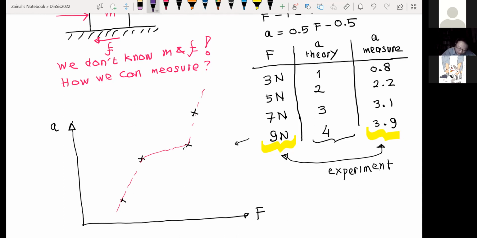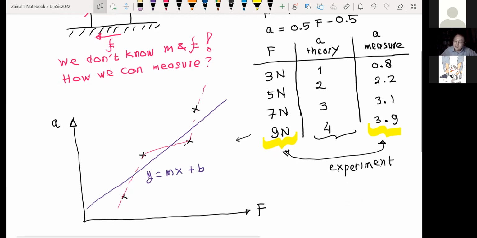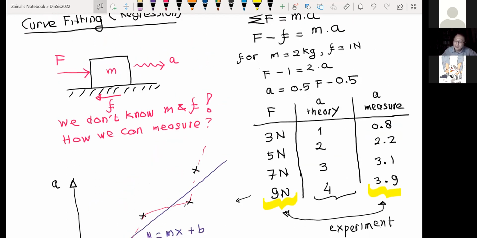So we want to find a line, for example, something like this one, with equation, for example, y equals mx plus b.